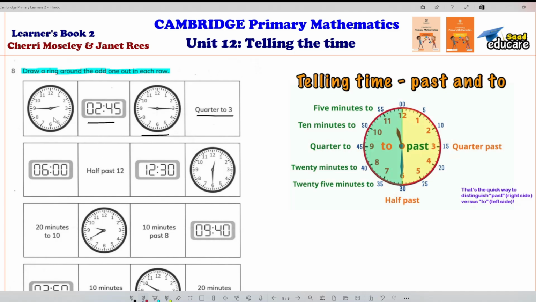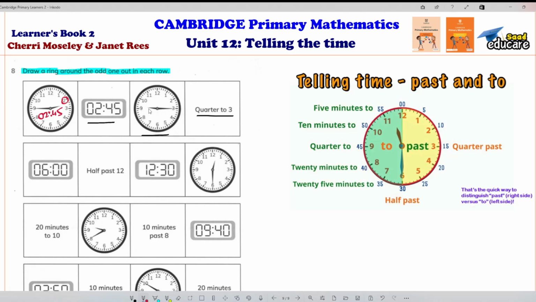Look, in this analog clock the hour is between 2 and 3, it means 2, and the minute is 9, which means 45. So this one means 2:45. The digital clock also mentions 2:45. And what does the third clock mean? It is an analog clock.